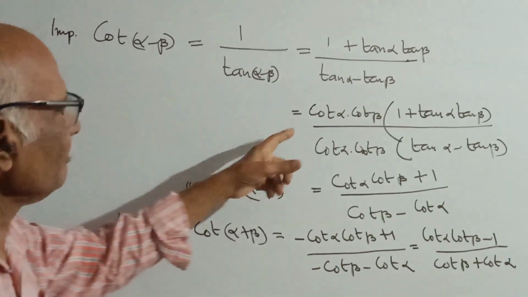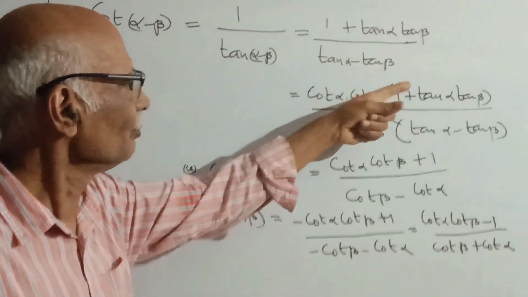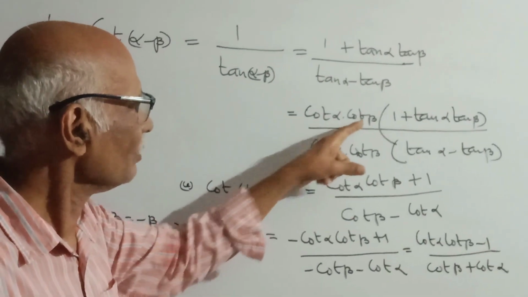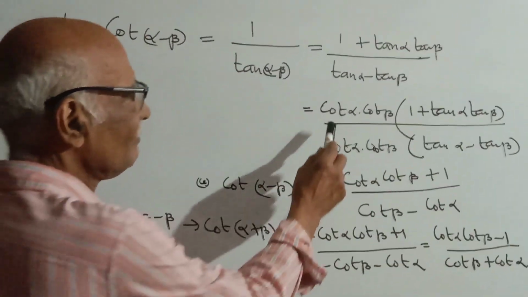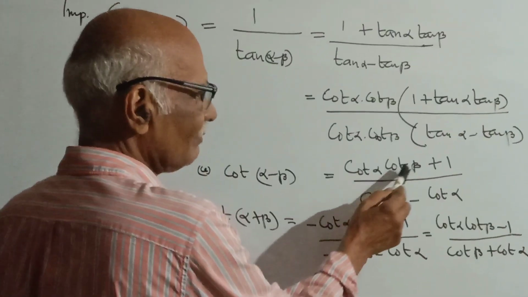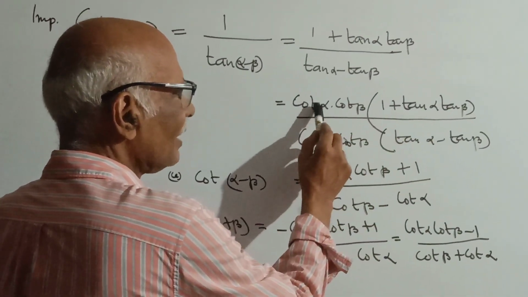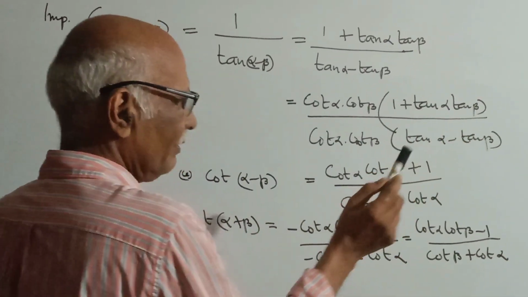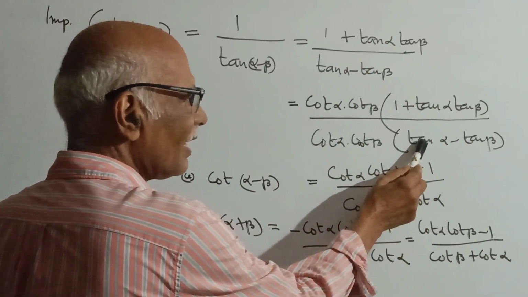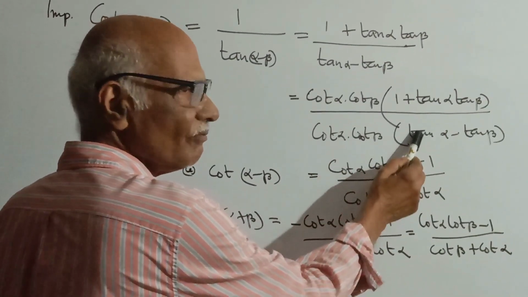Now you multiply numerator and denominator by cot alpha cot beta. You will see the result comes. Cot alpha cot beta into 1 is cot alpha cot beta, plus cot alpha cot beta tan beta product is 1 divided by cot alpha, and tan alpha vanish.